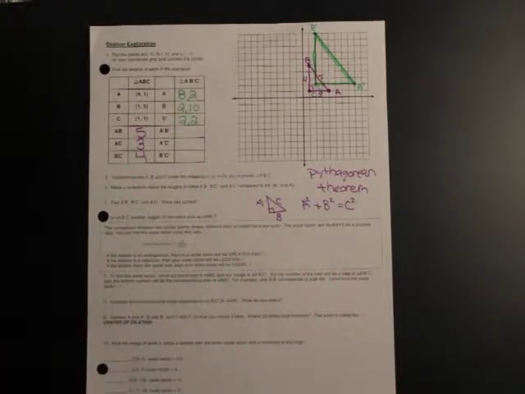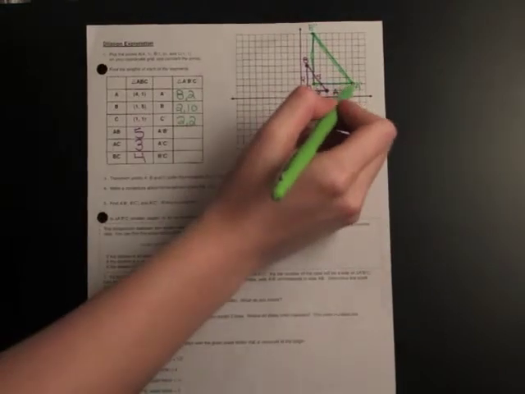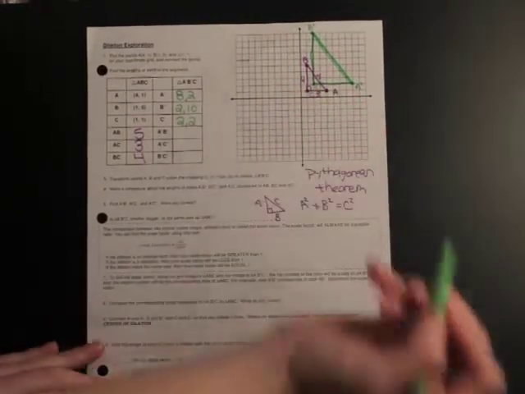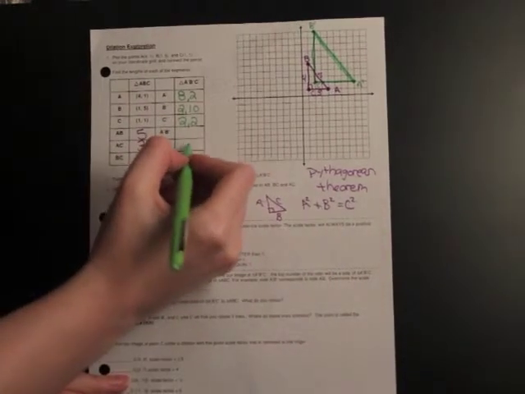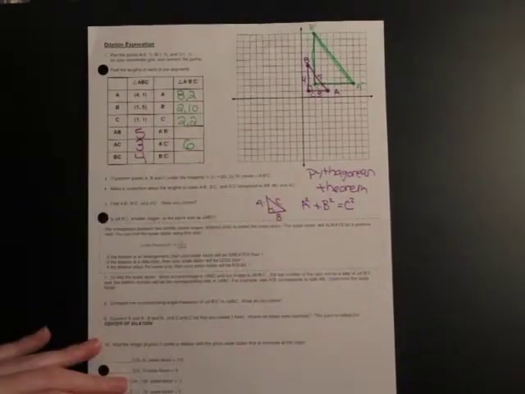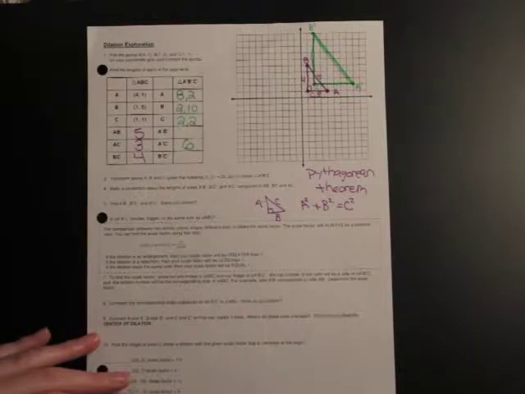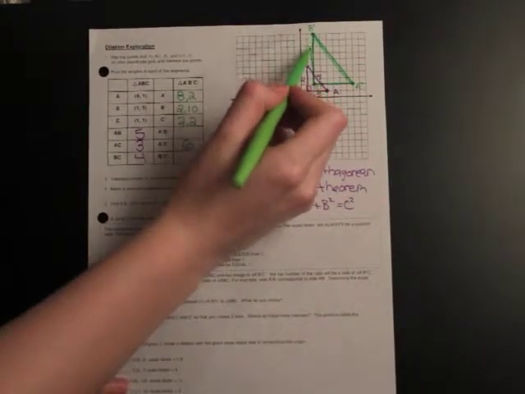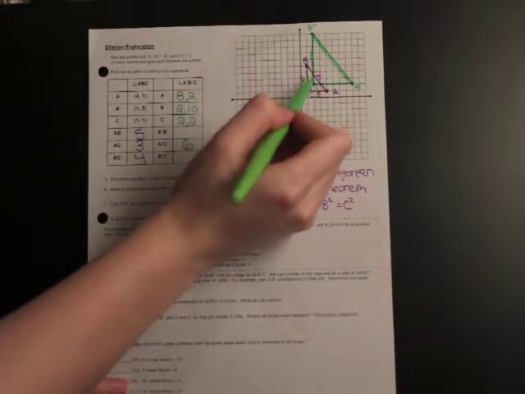Now we're going to find the length of this triangle. So we look for A prime, C prime, count 1, 2, 3, 4, 5, 6. That's A prime, C prime. B prime, C prime, we're going to do the same thing, we're going to count. So that is 1, 2, 3, 4, 5, 6, 7, 8.